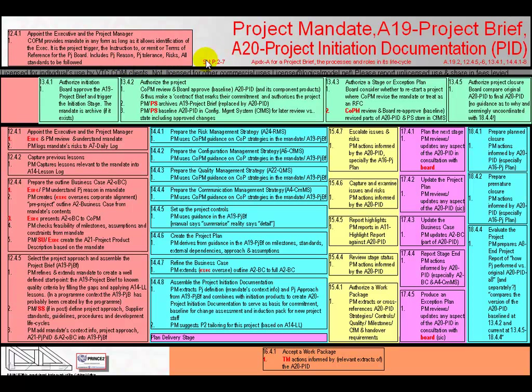Remember that syllabus reference? The processes and roles in the life cycle of the project brief. Well, here they all are. In fact, the project brief starts life as the project mandate and ends life as the project initiation document.